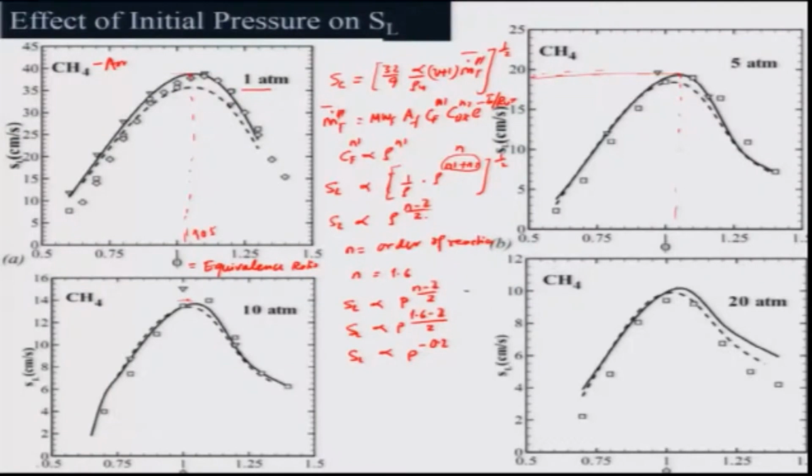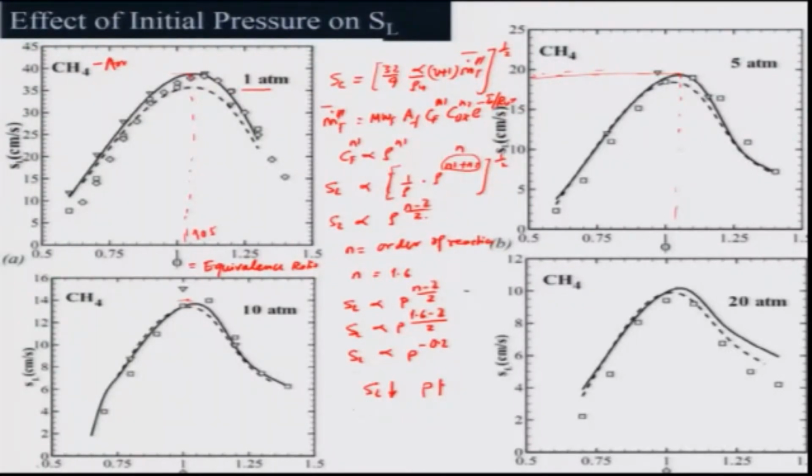Of course, these values of 0.2 may be varying. What this is saying is that if P is increasing, then SL has to decrease, with the coefficient of 0.2 or it can be anything.